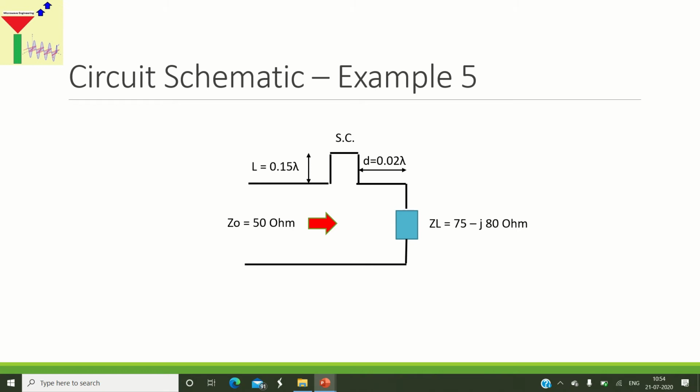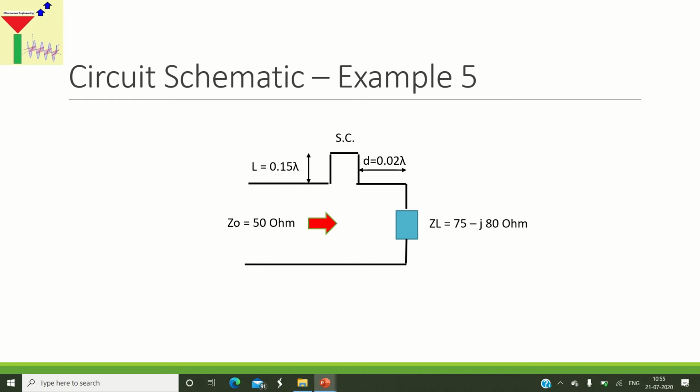I request you to exercise the same design, taking the second intersection point with the unit resistance circle, and come out with another solution. Here you will get a different distance and a different length of the short circuit transmission line. I hope you understood the complete design procedure of a single series short circuited stub.